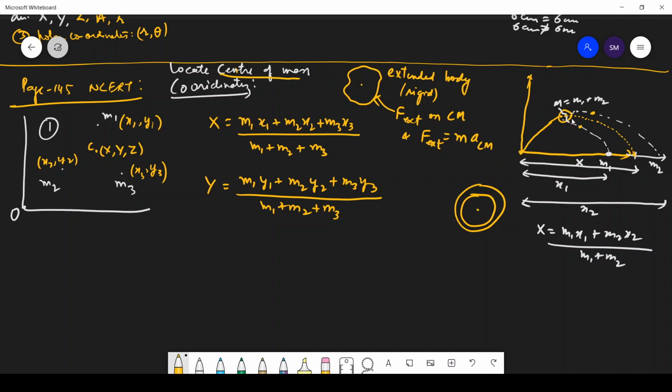Means why? The important thing is that here F external was 0. So center of mass can only accelerate when there is an external force. And here this bomb is exploded due to internal force. So explosion was due to F internal forces.